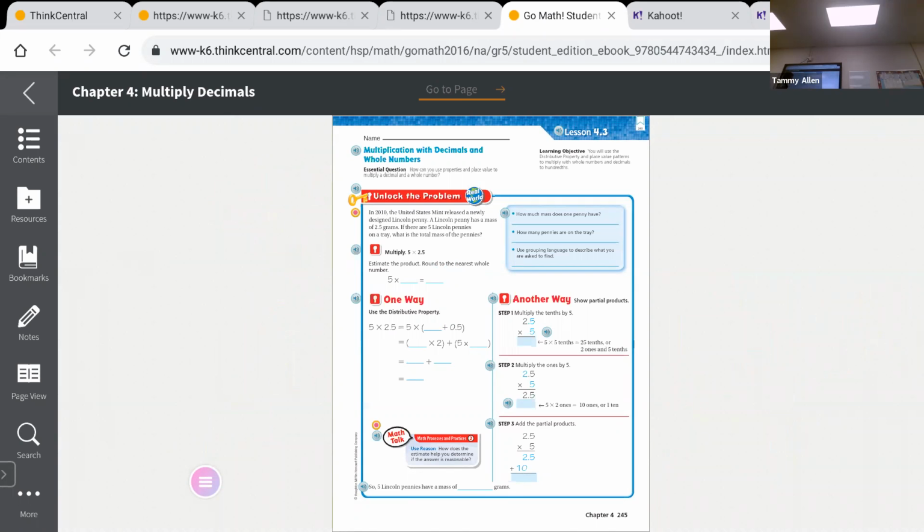Take a look over here at the other way we can look at it. Yes. If you have 12 and 5/10 and you have 15, are those two numbers close?